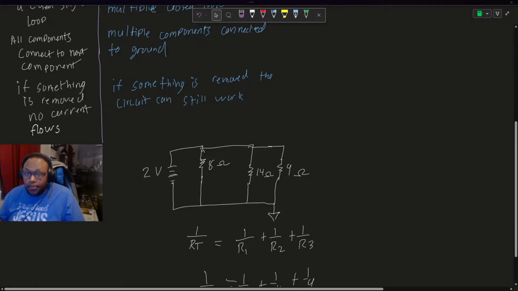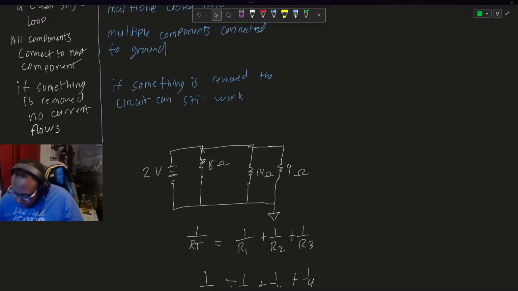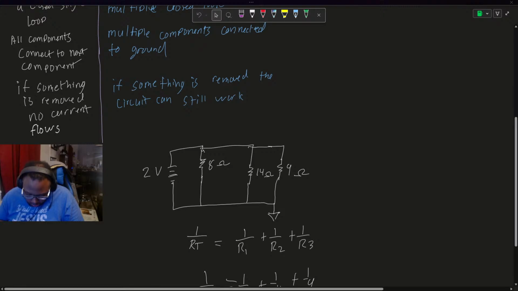So we add these numbers: 0.125 plus 0.0714, and we get 1 over RT equals 0.307.